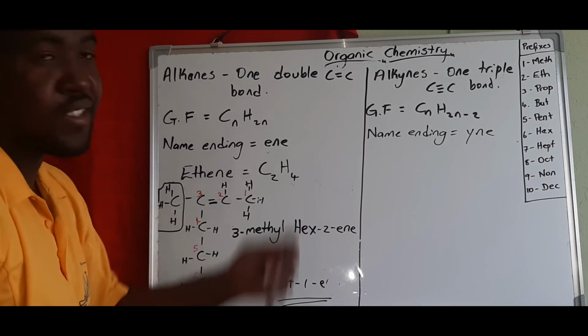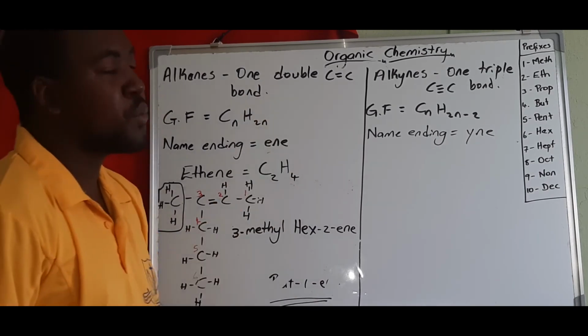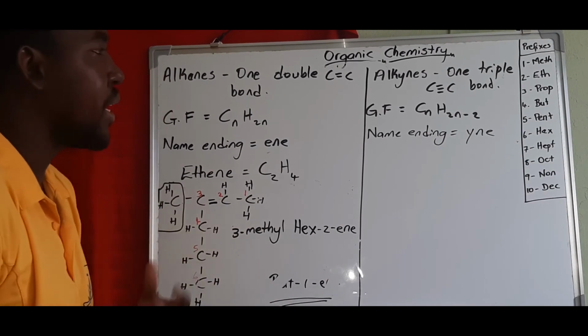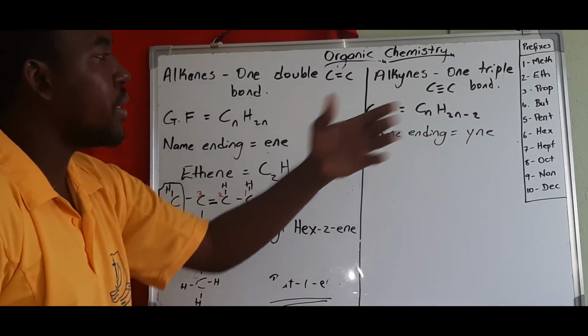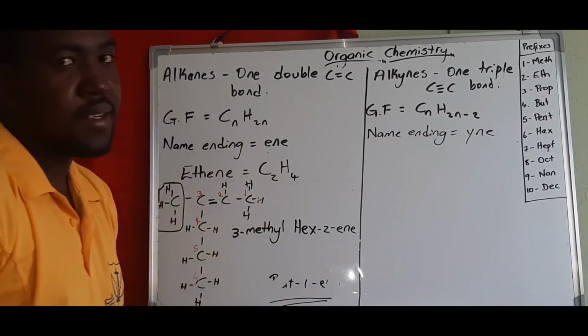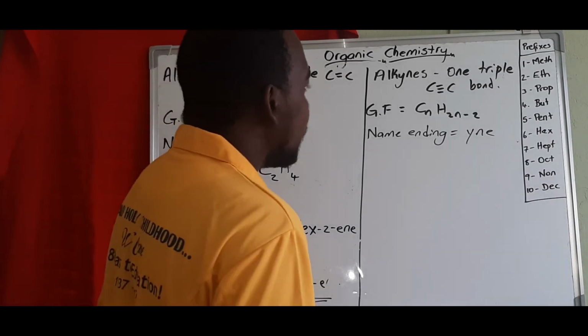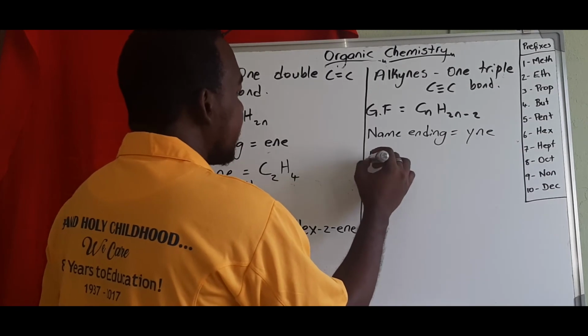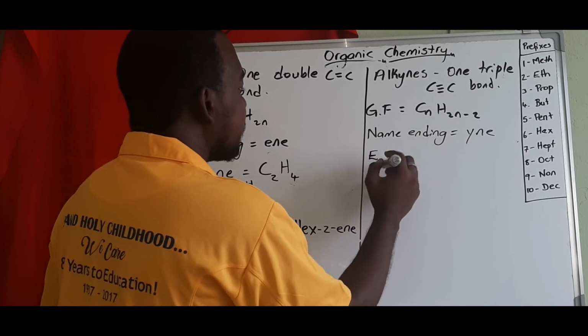Alright, now let's look at our alkynes. Alkynes have a triple bond between carbon and carbon, so we have one triple bond in our structure. Our general formula is CnH2n-2, and all their names end with -yne. Let's look at the first one, ethyne, our simplest structure.